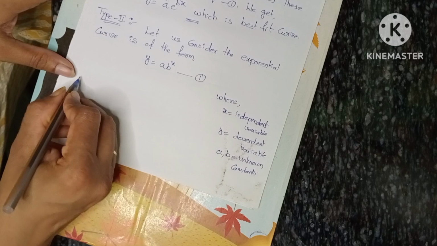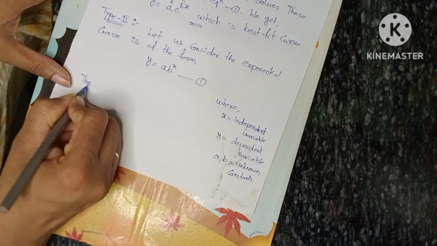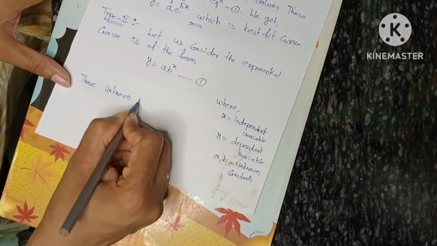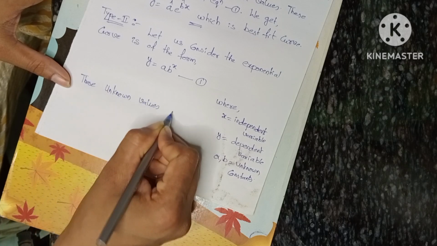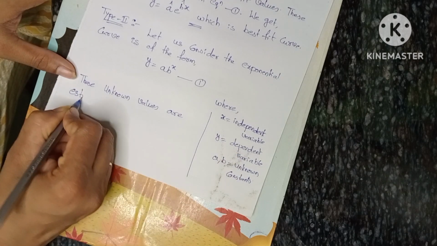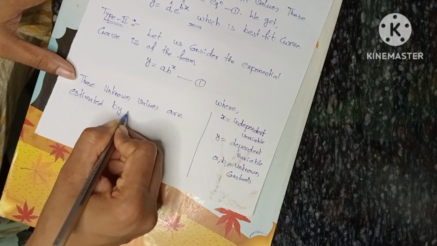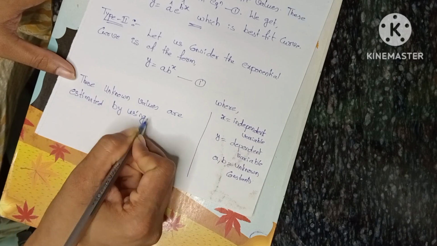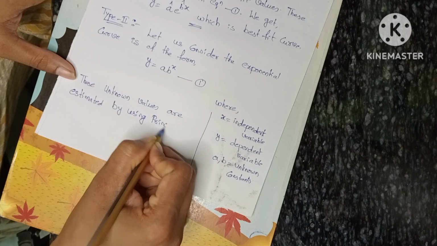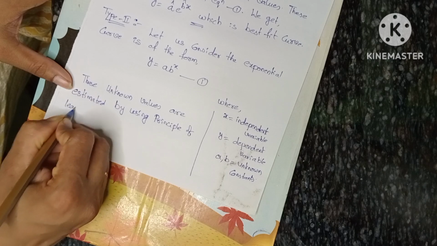Okay, so these, that means a comma b, these unknown values are estimated by using what? Principle of least square method.